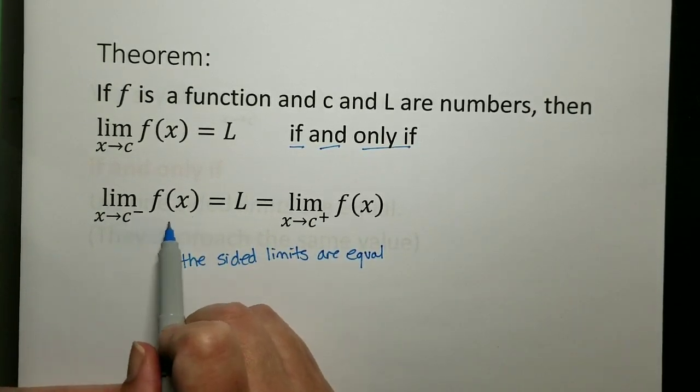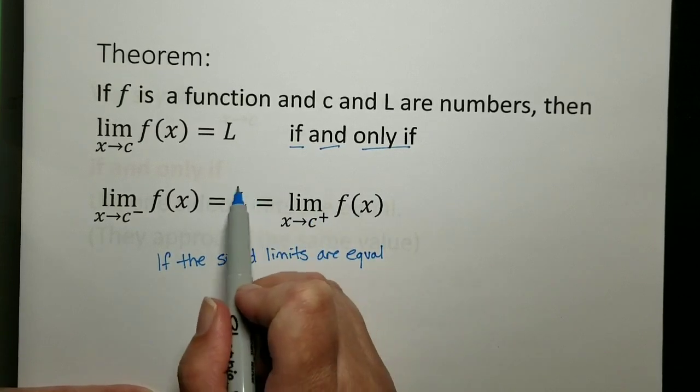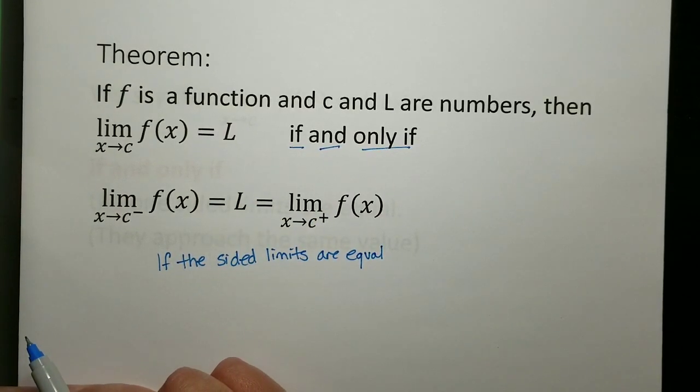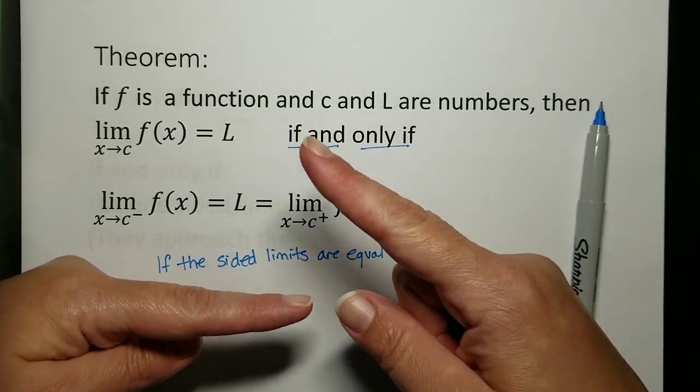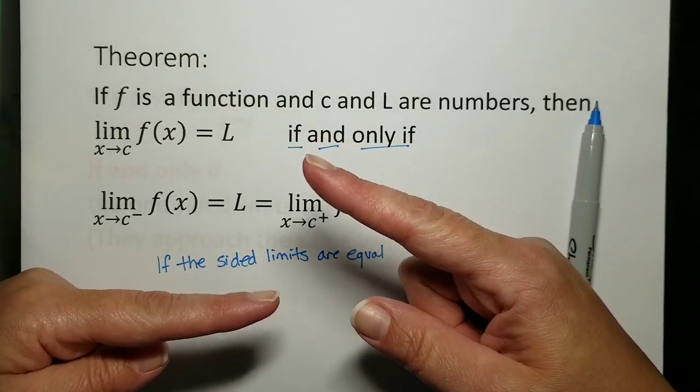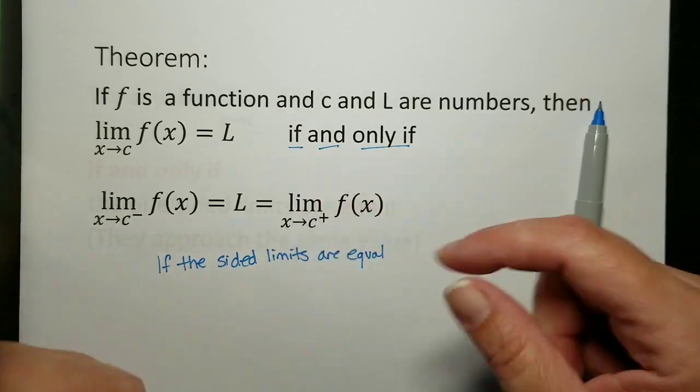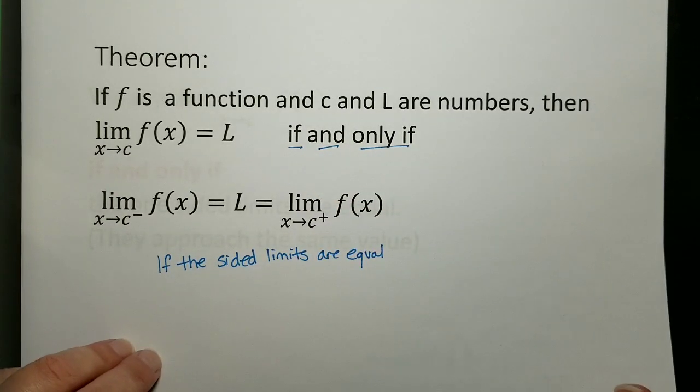If you don't have the limit from the left equaling the limit from the right, you can't evaluate the limit overall. Because if the left-hand side is going to one spot and the right-hand side is going to another spot, we can't say what the limit is. They're different, so there's no overall limit at that point.